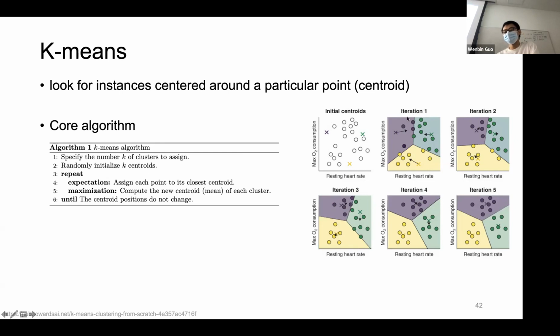After that, they recalculate the centroid. Basically, they calculate the mean of these 4 points, and this is the updated centroid.